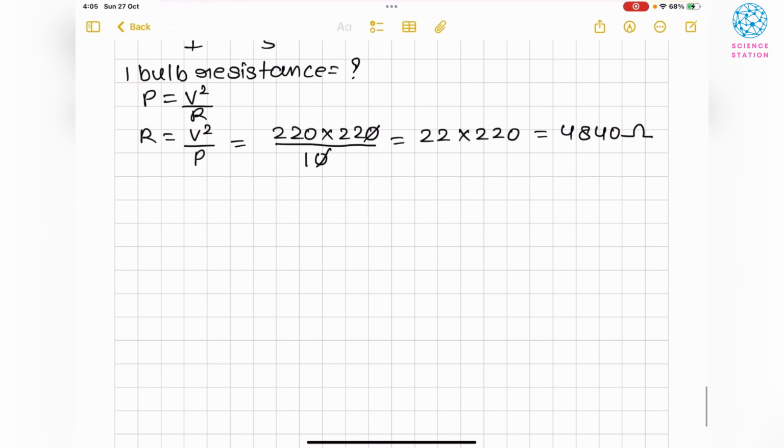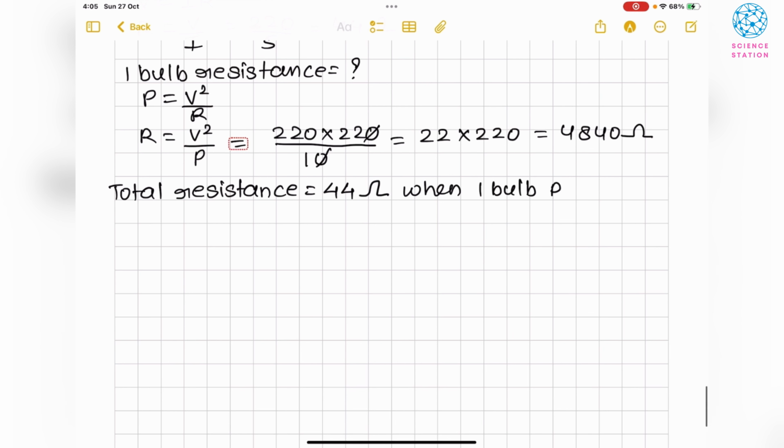Now total resistance is 44 ohm when one bulb resistance R equal to 4840 ohm.